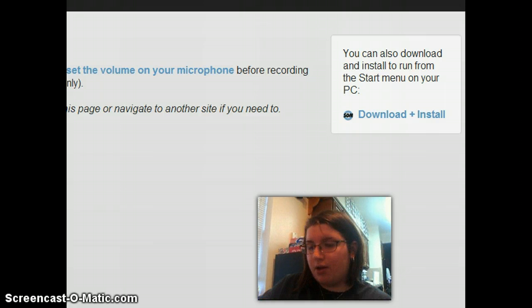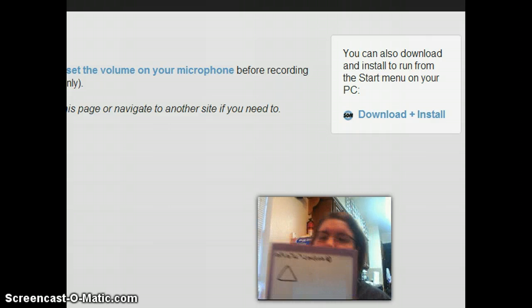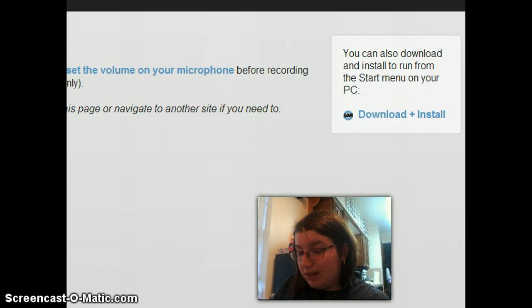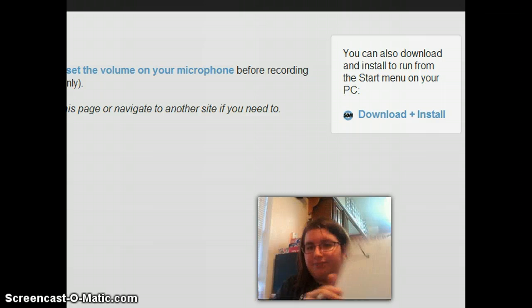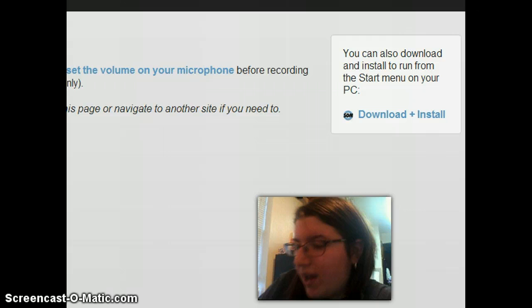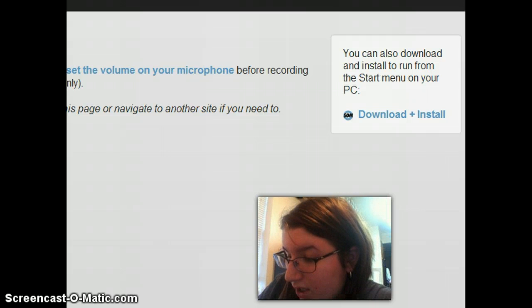Okay, so since we are doing side length, we are going to draw our little triangle. See, here's our little triangle. Now we are going to label our angles A, B, and C. Now, we're going to make the measure of angle A 40 degrees.